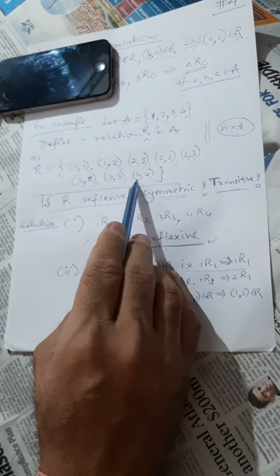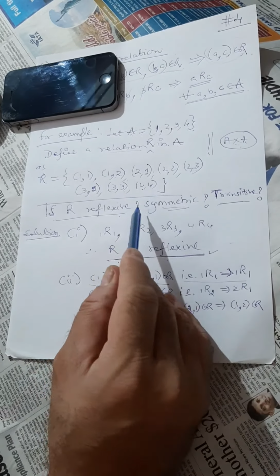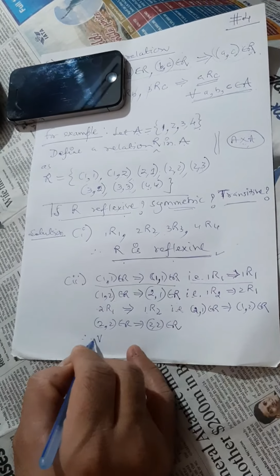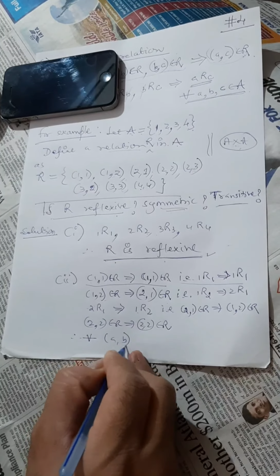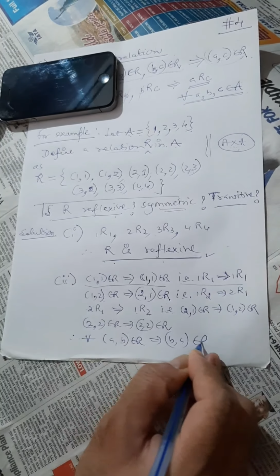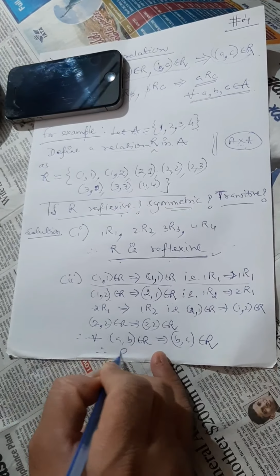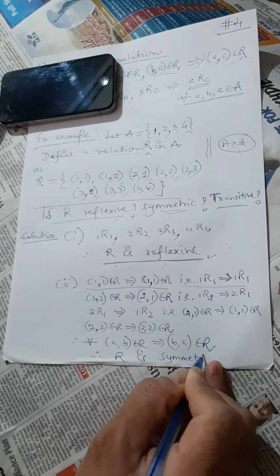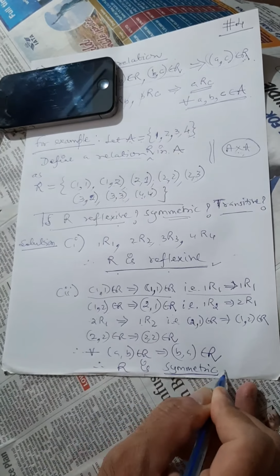Reverse is itself. 4 comma 4, reverse is itself. So for every ordered pair, the reverse is present. So you can say that for every A comma B belonging to R, its reverse B comma A is also in R. Therefore this relation is symmetric. I hope now this is clear to you.